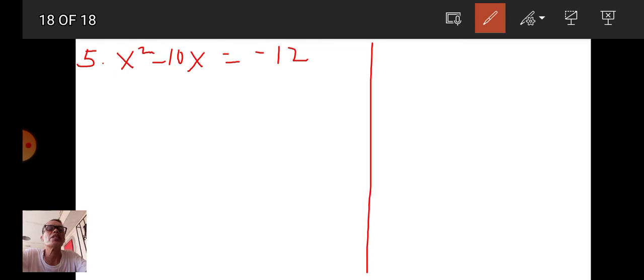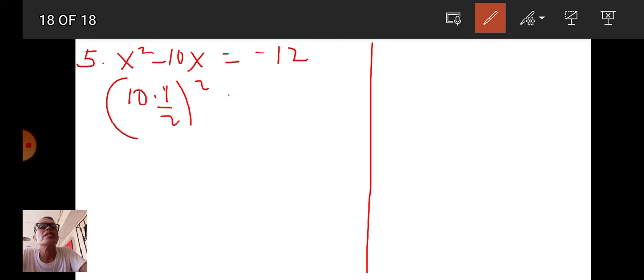Next, for example, if we have number 5, x squared minus 10x equals negative 12. So the constant term is already on the right side. So you will just add 10 times 1 half quantity squared.